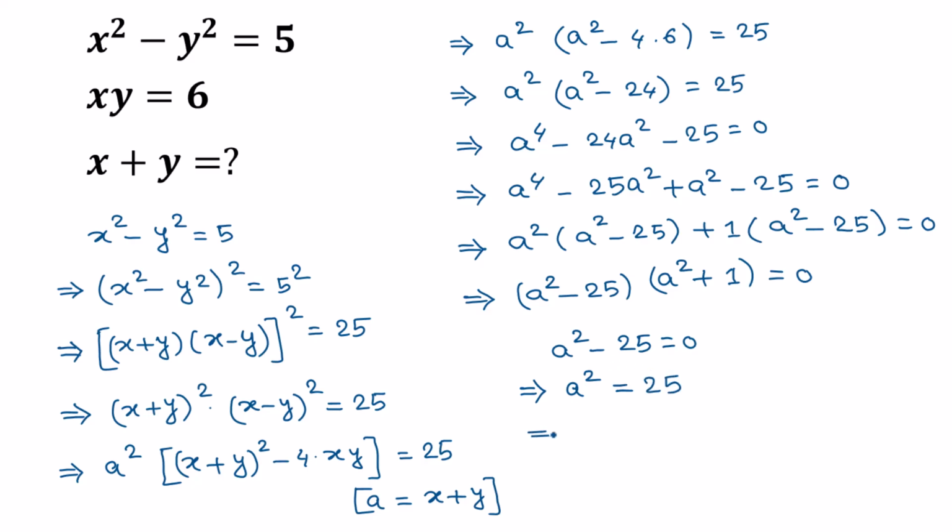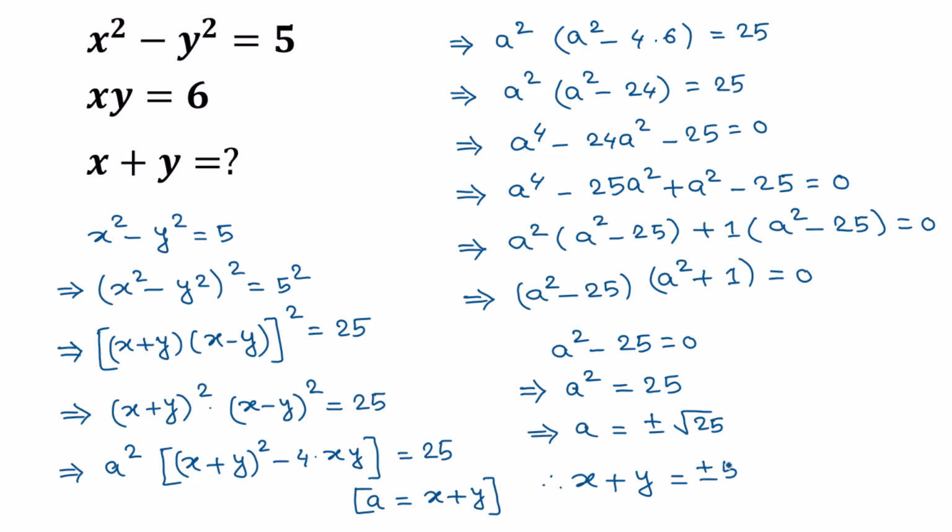Taking the square root of both sides, we will get a is equal to plus or minus square root of 25. We have taken this a as x plus y, so substituting this, we get x plus y is equal to plus or minus square root of 25.